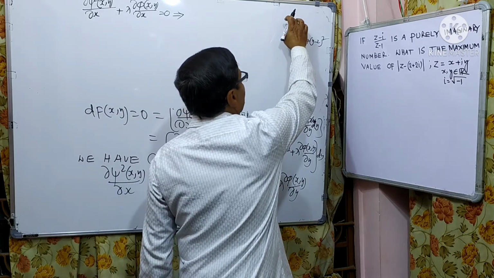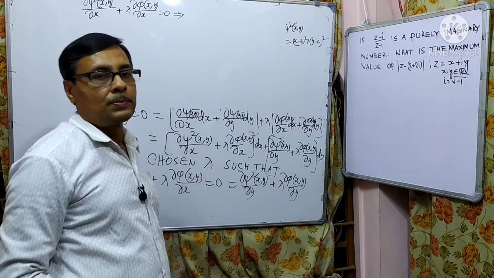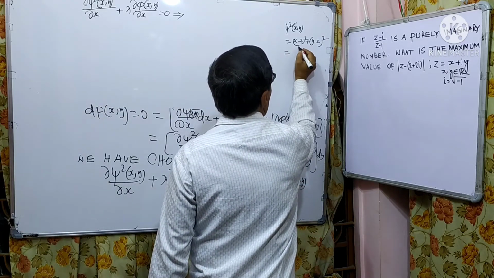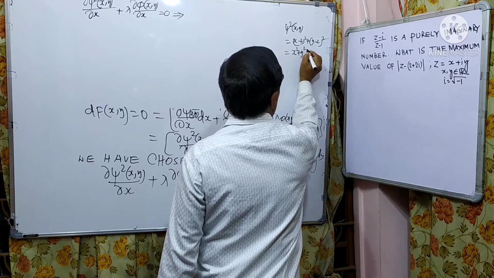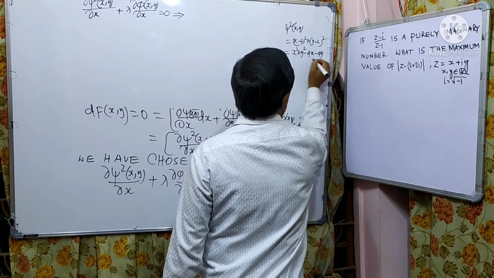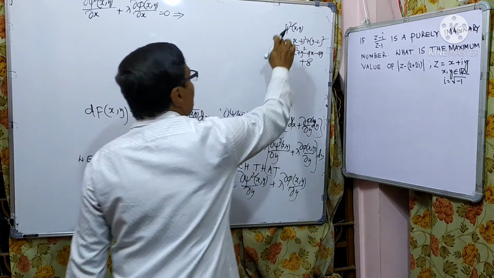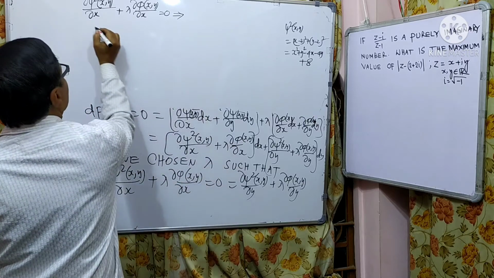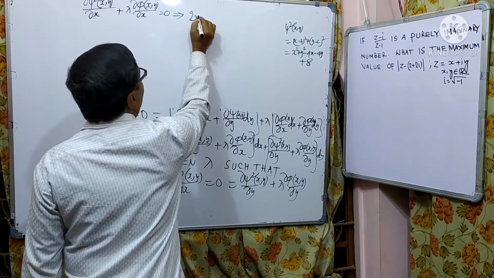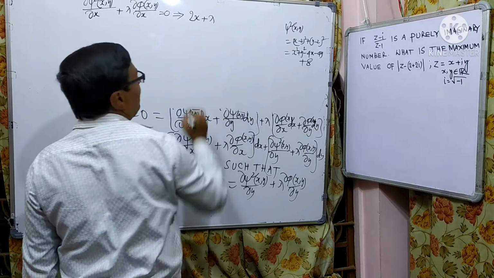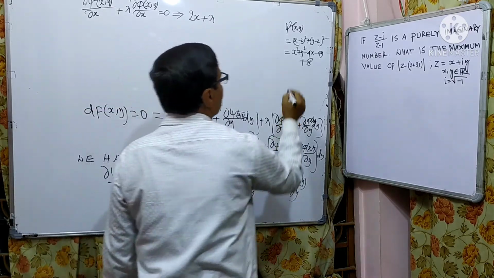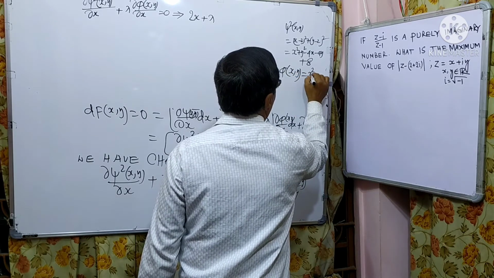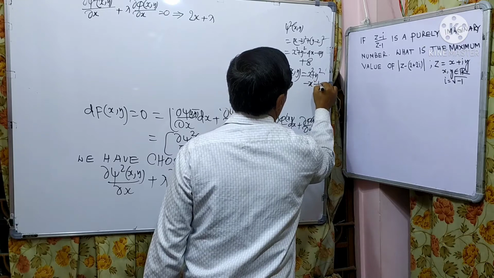If we differentiate psi square xy partially with respect to x, by simplification, psi square xy is x square plus y square minus 4x minus 4y plus 8, so we get 2x minus 4, plus lambda into the constraint function phi xy, which is x square plus y square minus x minus y.